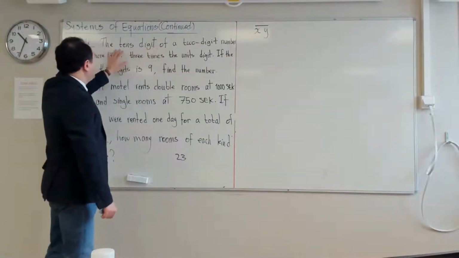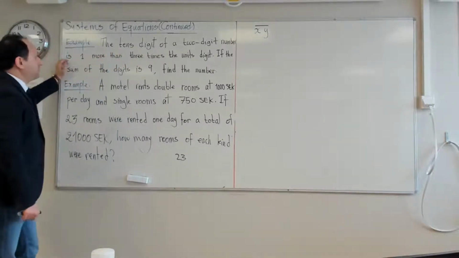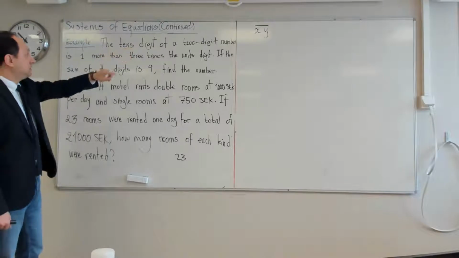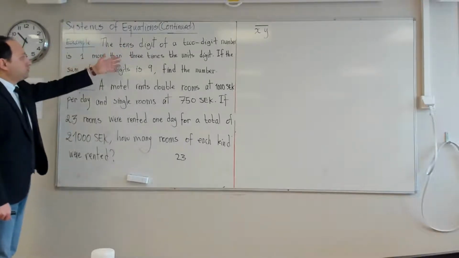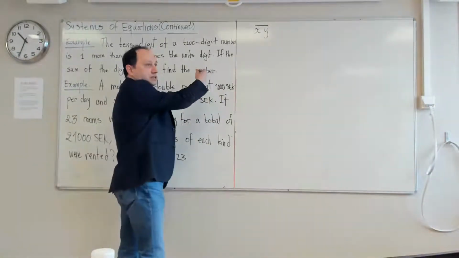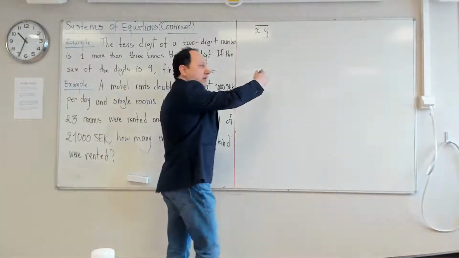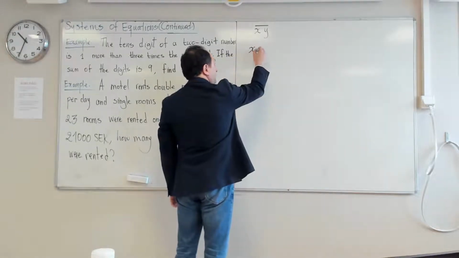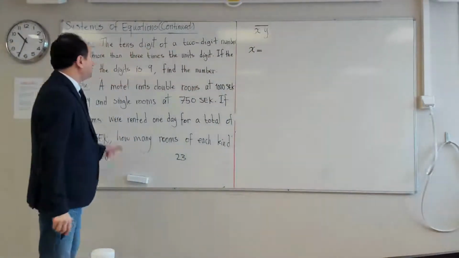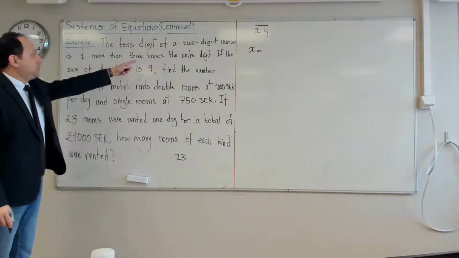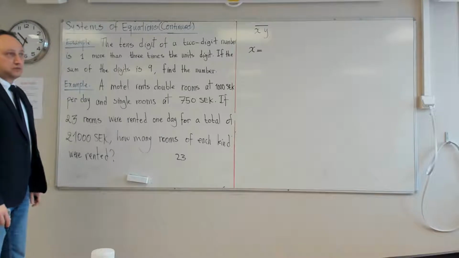And let me read the information provided for me in the problem. The 10th digit of a 2-digit number, which means X, is 1 more than 3 times the units digit. So it's very easy, yes? By reading this English sentence, you can write it in mathematical symbols. What does it mean? Can you tell me? X is equal to what? 1 more than 3 times the units digit. What does it mean?